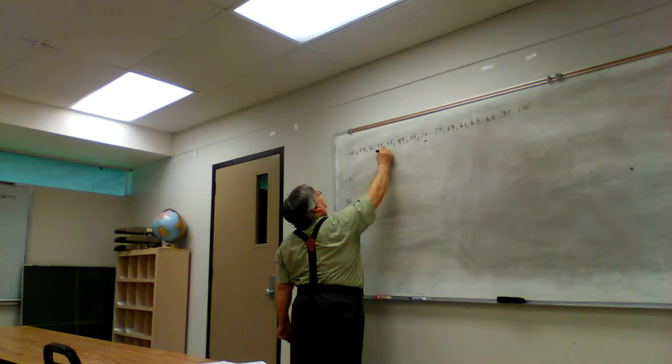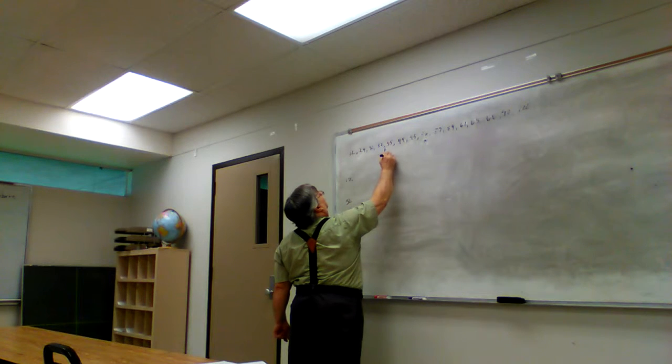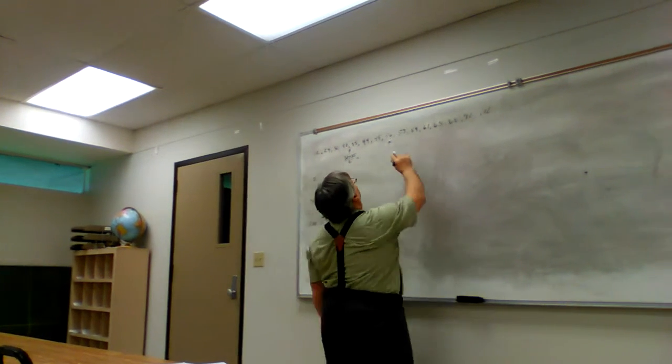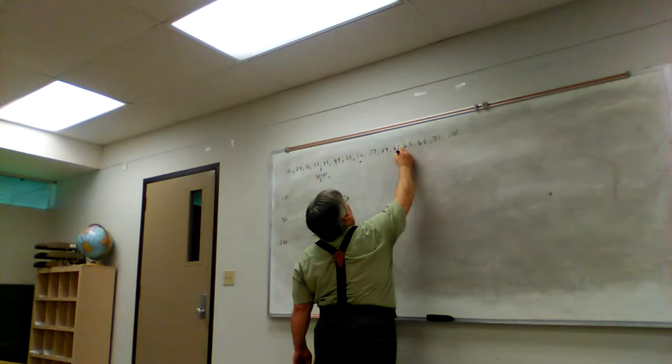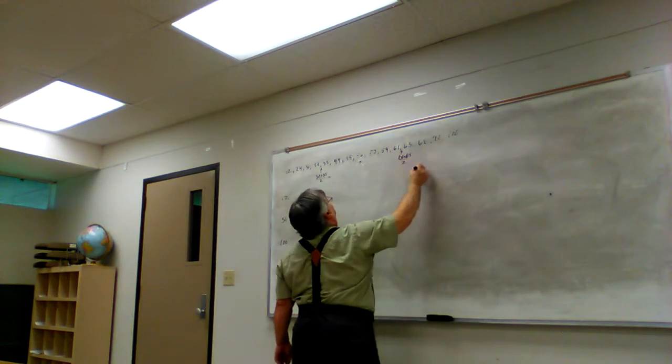Our Q1 would be right here between 32 and 35. And Q3 would be 61 plus 65 over 2.